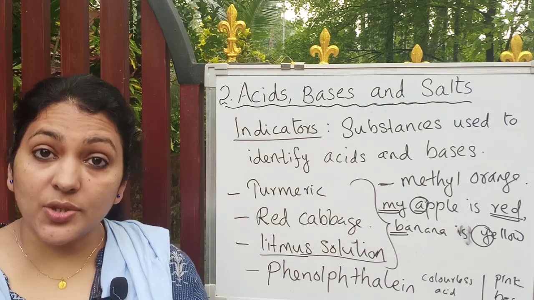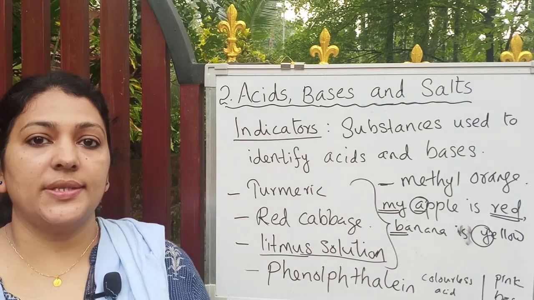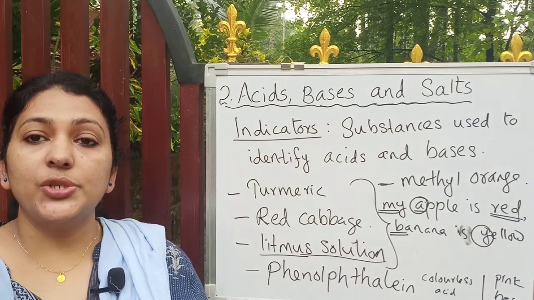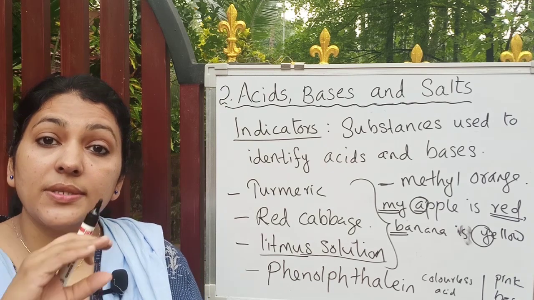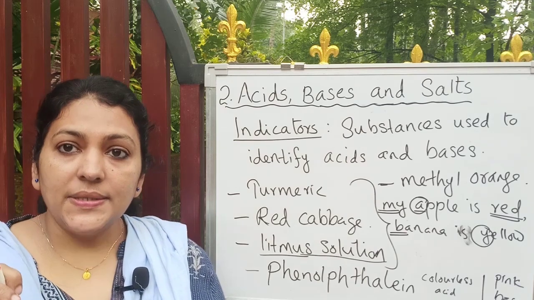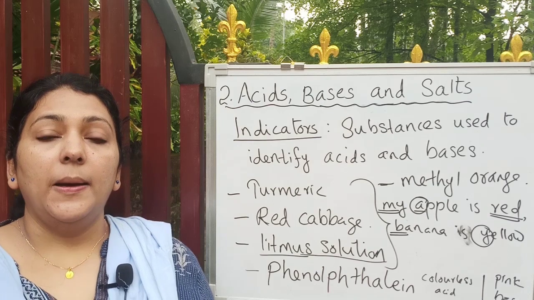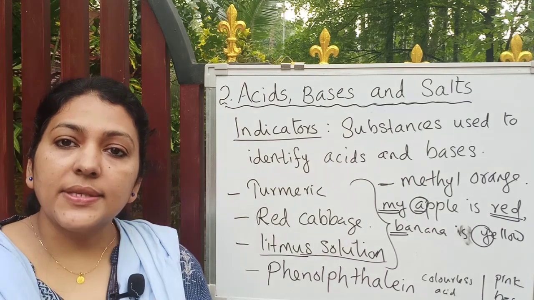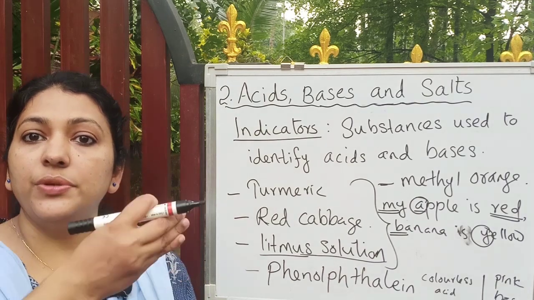Some acids are very strong, some are moderately strong, some are weak. So the universal indicator will show different colors according to the strength of the acid. In hydrochloric acid, the universal indicator shows bright red color, but in weak acids its color will change from orange to yellow.